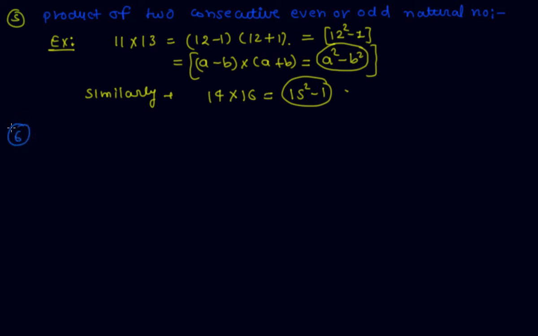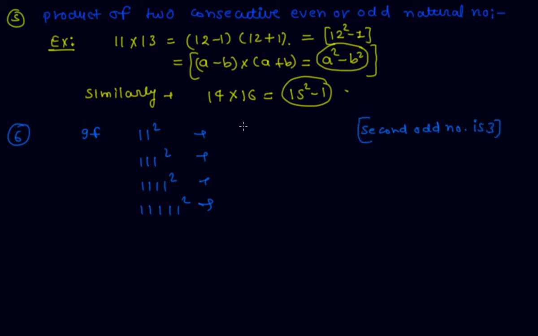Now the sixth property is, if you find the square of this type of number, like 11 square, 111 square, 1111 square, 11111 square, then here is a short trick: count the number of 1s. Take the first odd number 1, and the second odd number 3.